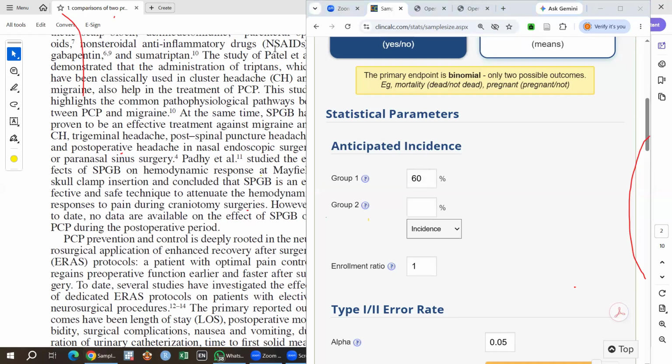No, absolute reduction. 50% is an absolute reduction. We are not taking relative reduction. Suppose we assume, because there is nothing written over there as to whether it is a relative reduction or an absolute reduction, so we assume that it is an absolute reduction. So what will be the value of group 2?